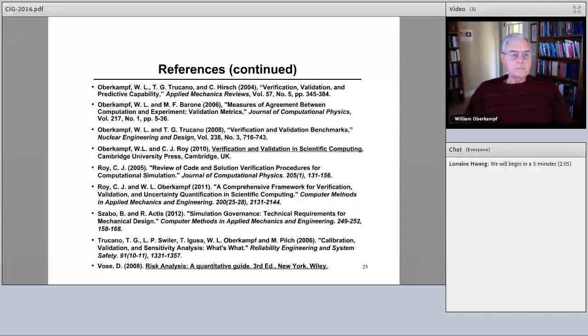And there's a book that Chris and I wrote, that Lorraine was just talking about. And then also this book by Vose, Risk Analysis: A Quantitative Guide. If you've never gotten into uncertainty quantification, particularly in probabilistic simulation, that would be a good one to look at. And there are, of course, in a number of these, a lot of other references.